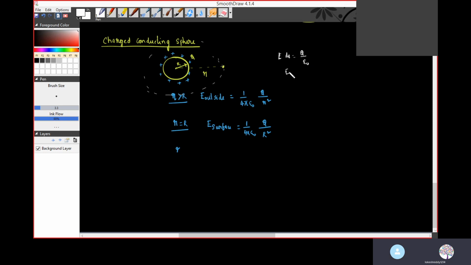E into the surface area, which is 4 pi r square, is equal to q by epsilon naught. So E is equal to q by 4 pi epsilon naught r square. Same as 1 by 4 pi epsilon naught q by r square.